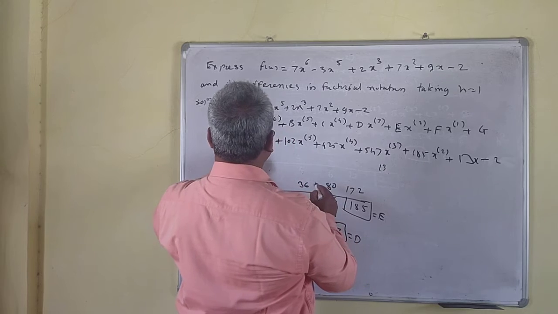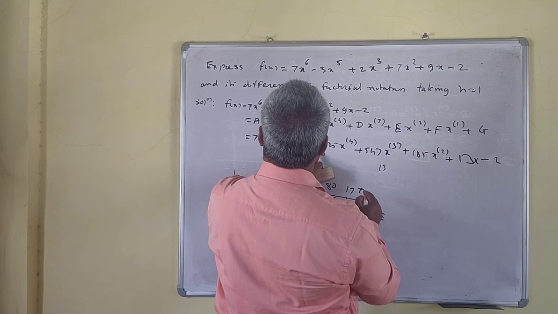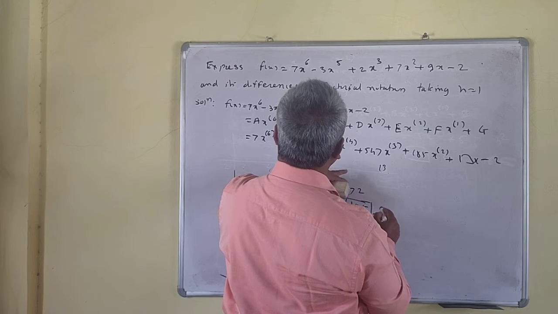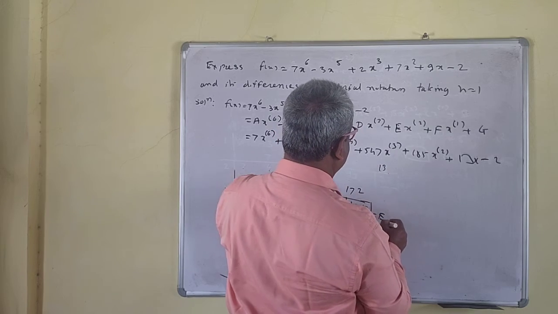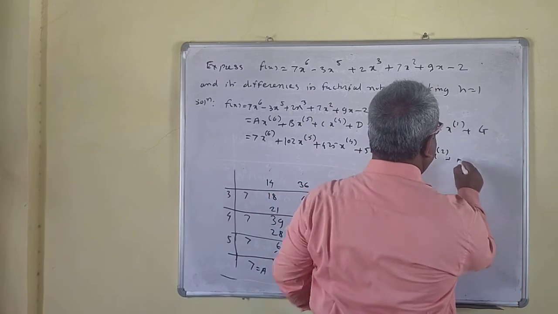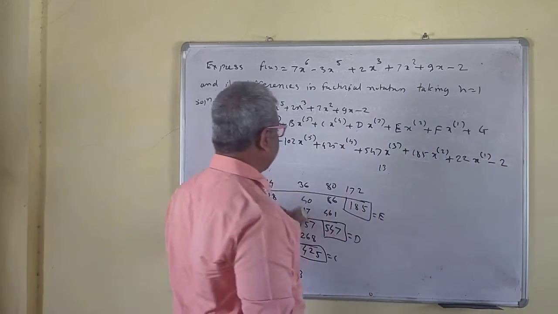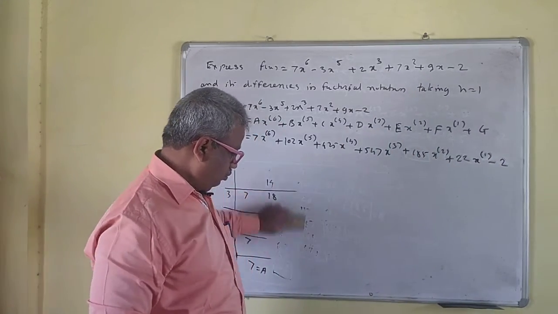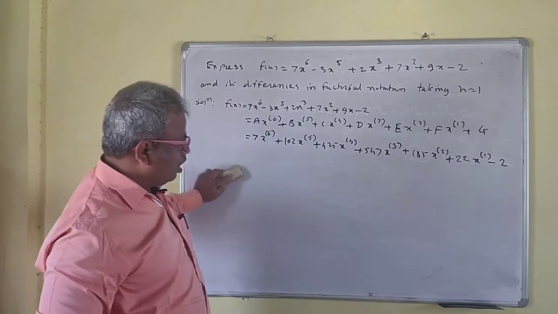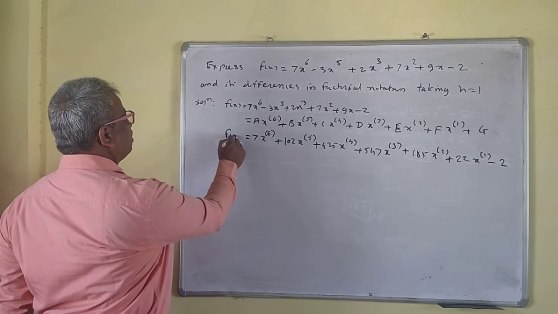So this is 7 minus 3 0 minus 3 0. This is 2. 9 plus 13 is 22. So this is 22, x minus 2 now. Okay. Yes. So this is your f of x.